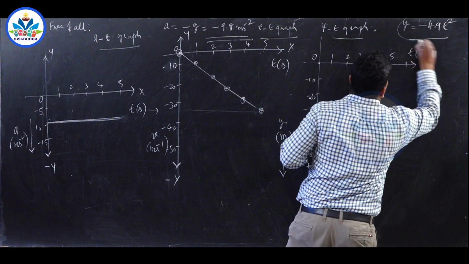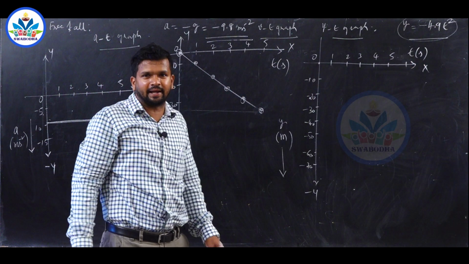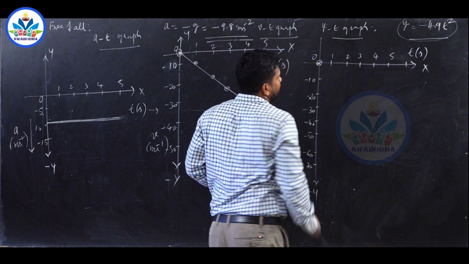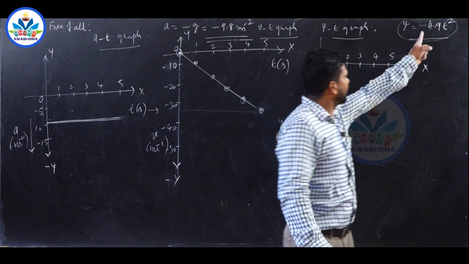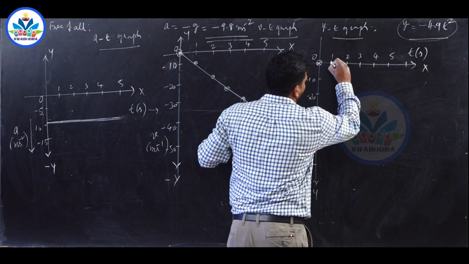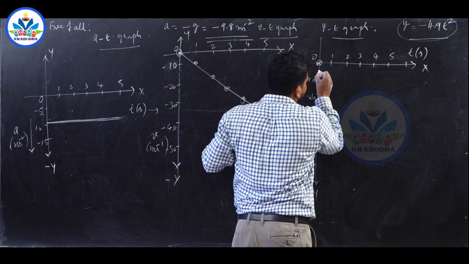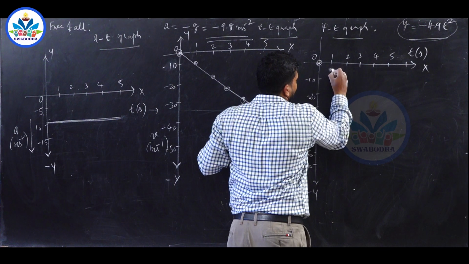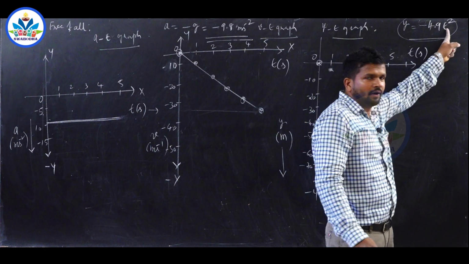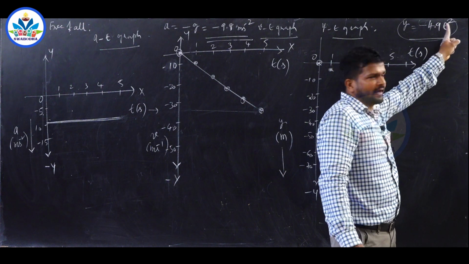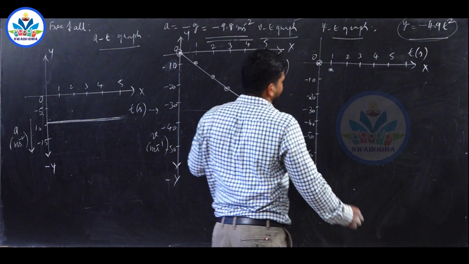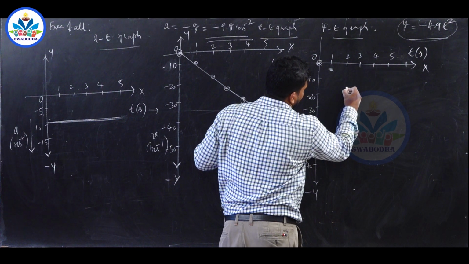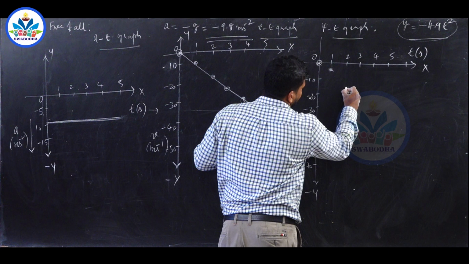Yes, this equation, y equal to minus 4.9 t square. You substitute the values. For t equal to 0, the point will be this one. For t equal to 1, t square is 1, minus 4.9 into 1, somewhere here. Then t equal to 2, square is 4, 4.9 into 4 is 19.6, minus 19.6, so for 2 seconds it will be nearly 20, somewhere here.